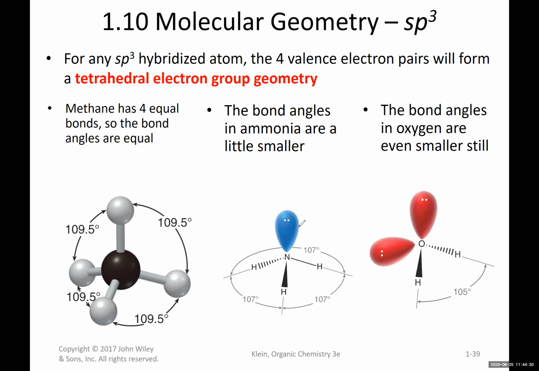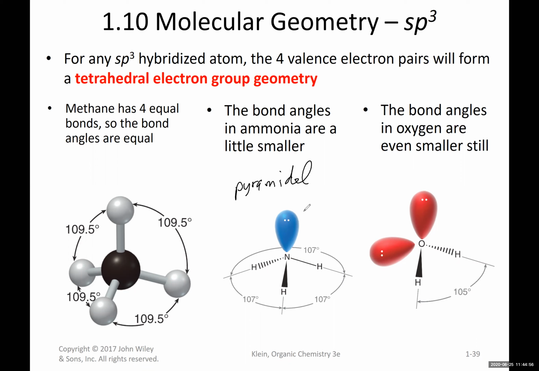And so what happens there is that the geometry collapses to a pyramidal structure. I'll show this again in the next slide. The bond angle is a little smaller because a non-bonded pair is diffuse and it takes up a little more space.